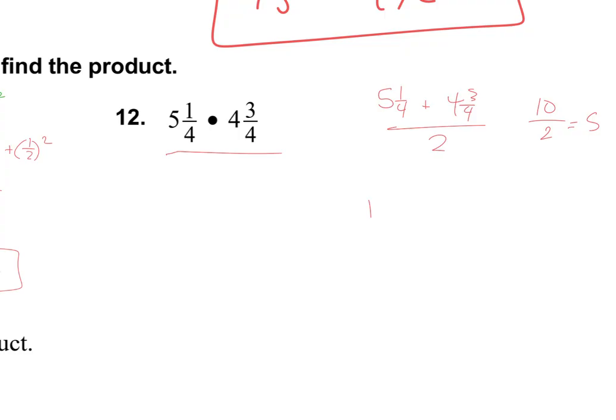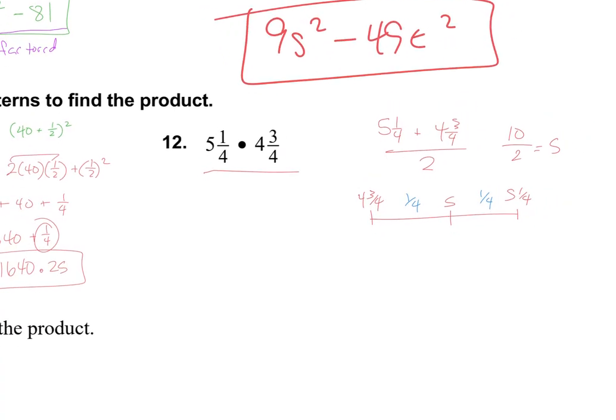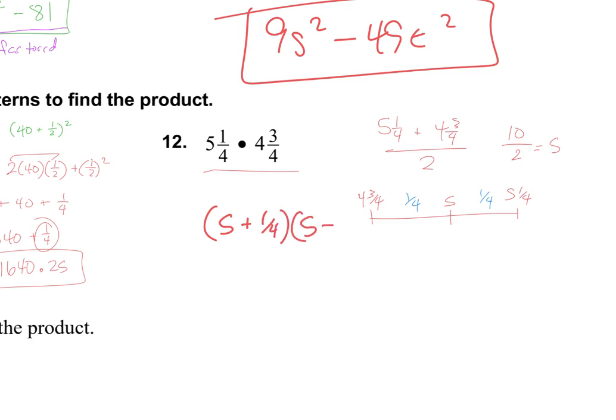So the concept here is that 4 3/4 is here, 5 1/4 is here, 5 is in the middle, and the distance is 1/4 between them, right? So what I'm going to do is say 5 plus 1/4 times 5 minus 1/4. And if you're like, well, why would you do that?